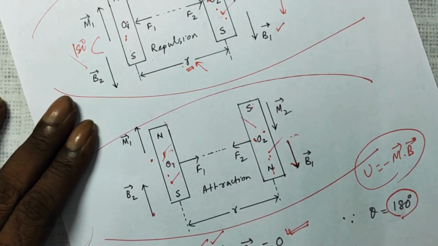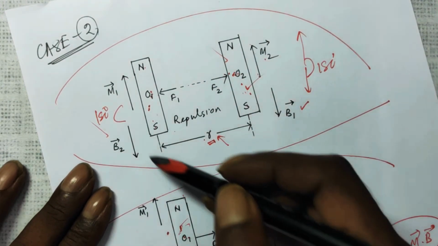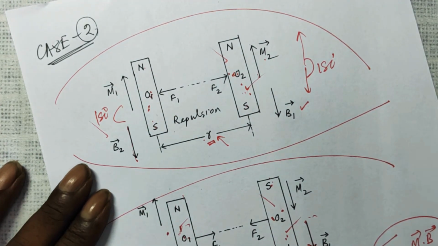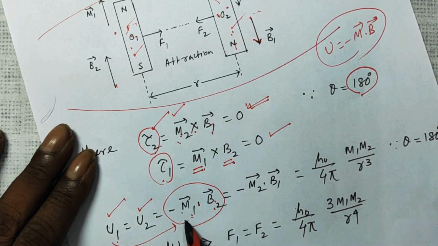Now look, M1 is pointing to this side and B2 is pointing to this side. So the angle between them is 180 degrees. So the energy of this one is minus M1 dot B2. This is a dot product, so there will be a cos theta term.